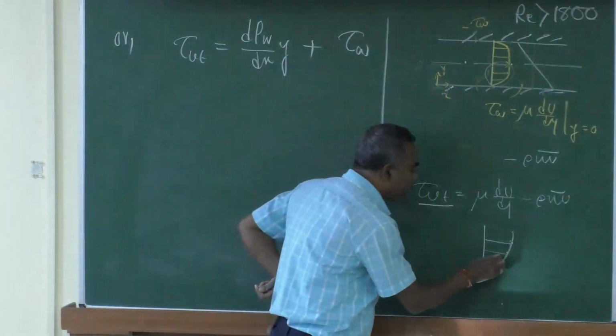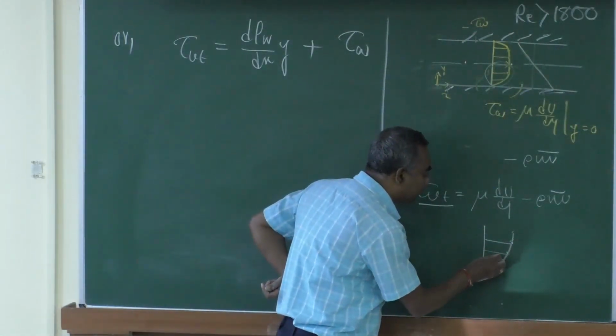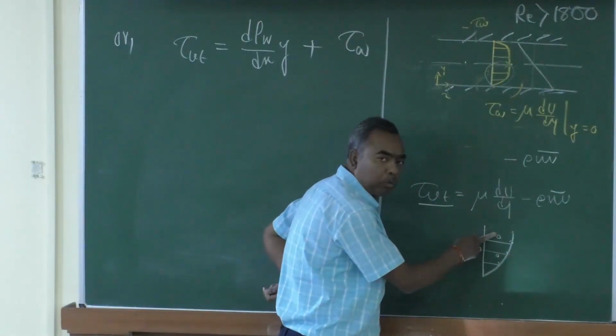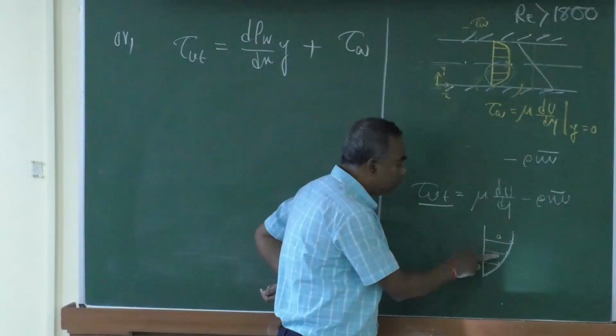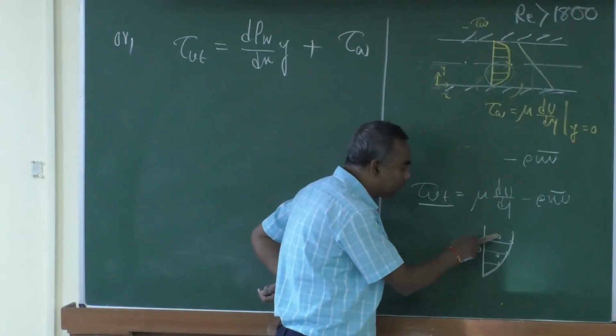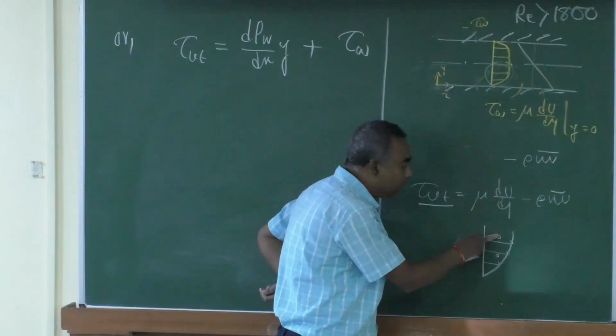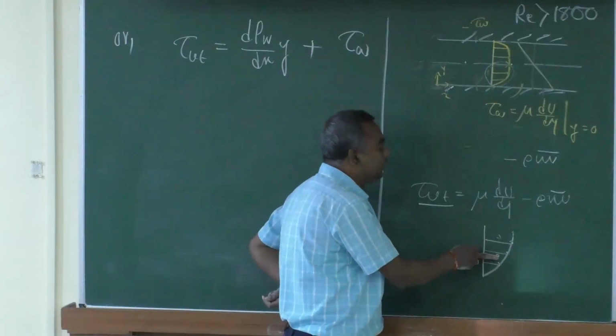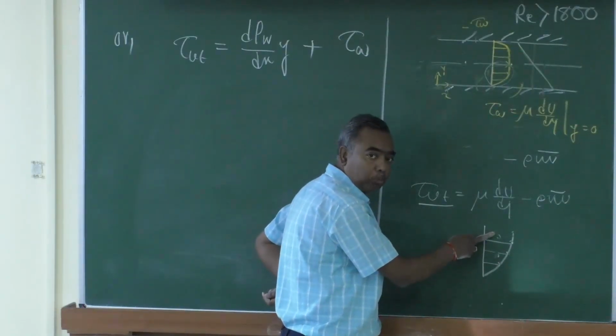A fluid parcel, when it is going from this to this location, is trying to transport lower momentum from this location to this location. As a result, at this location, it is trying to reduce the mean velocity. So the fluctuating quantity u fluctuation is going to be negative, but since it is moving in the upper direction, v fluctuation is positive.